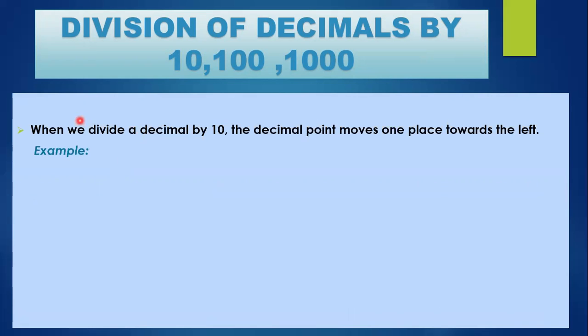Division of decimals by 10, 100 and 1000. We will take another example. When we divide a decimal by 10, the decimal point moves 1 place towards the left. For example, if you have the value 0.634 divided by 10, what should we do here?